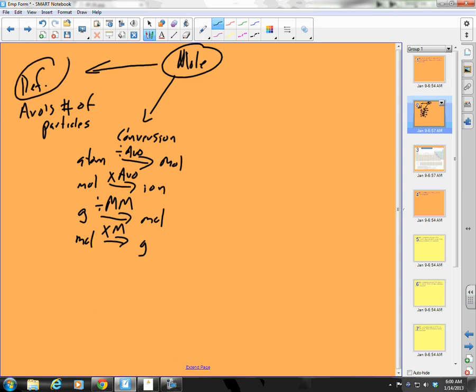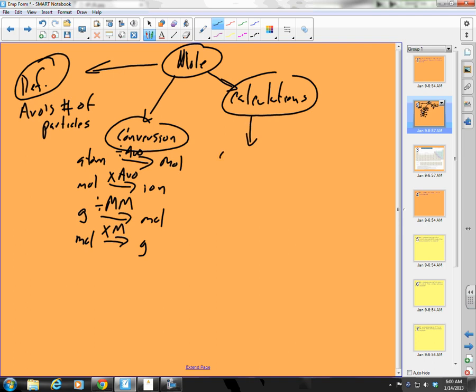So we've talked about definition, we've talked about conversion. Let's talk about some specific calculations that we can do involving the mole. And one of those is something we call percent composition. Okay, and where do I always like to start with these kinds of things?